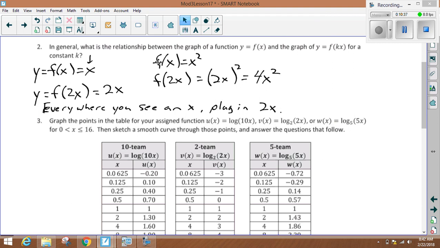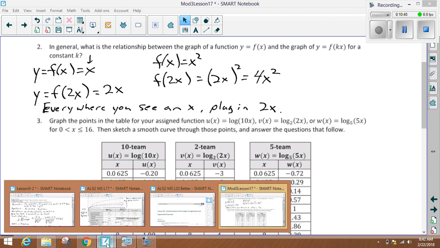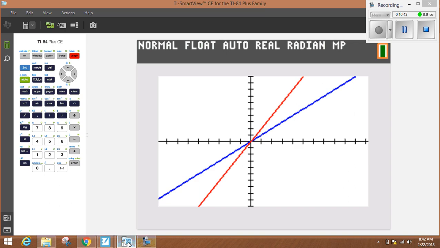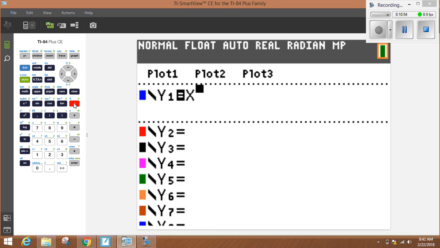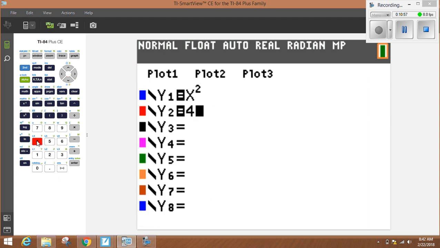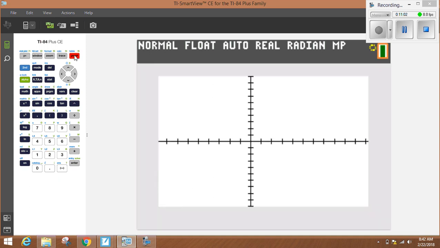So what's the difference here? Let's get rid of these, and let's look at the difference between x squared and 4x squared. So it's been shrunk, right? With a horizontal shrink, or you could call it a dilation if you wanted to.